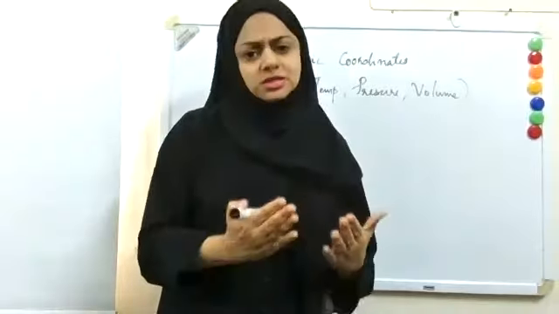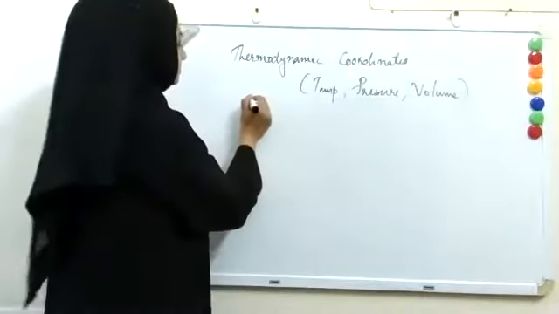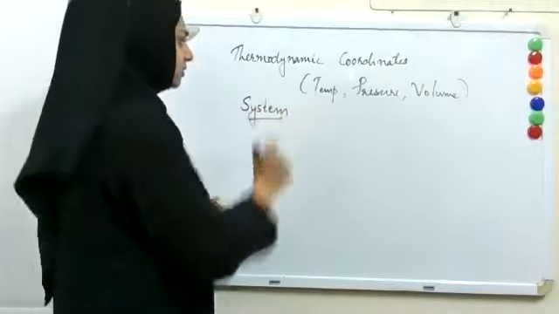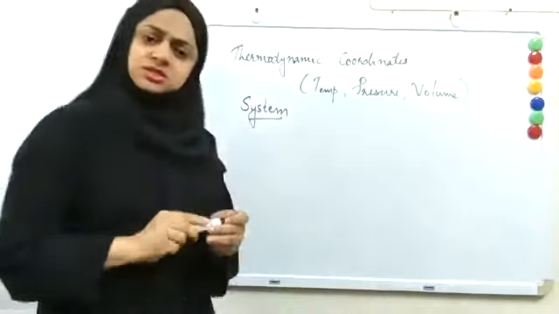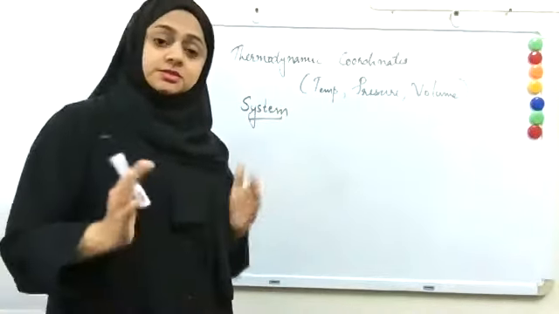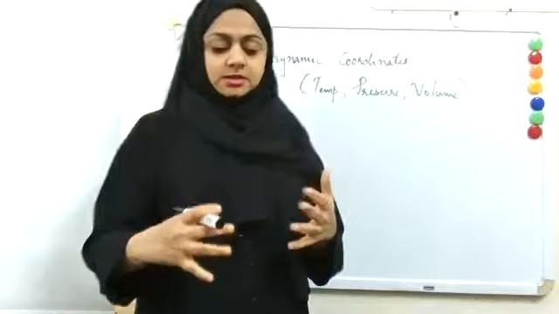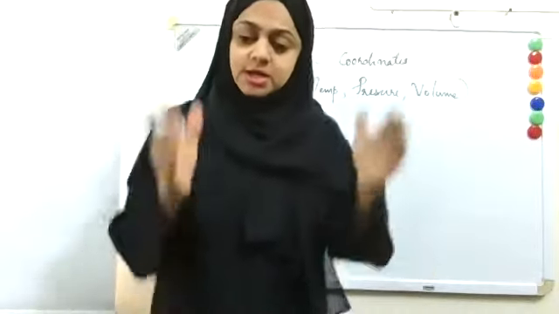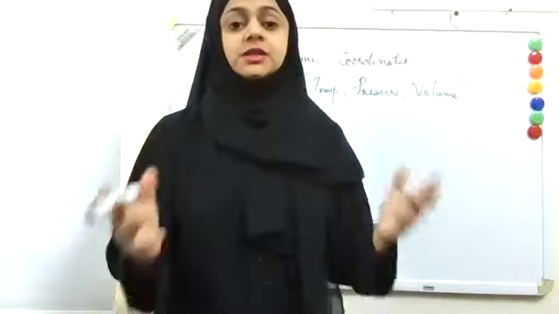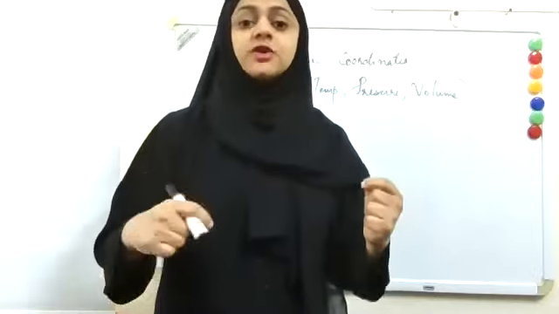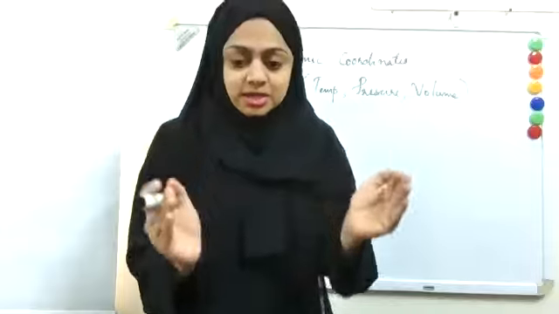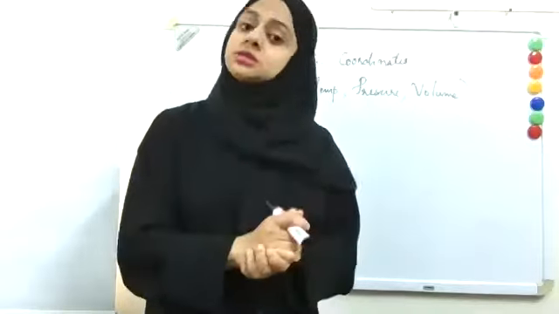Now let us see what is meant by a system. So what is a system? A system is something about which we are studying. For example, we are taking a vessel containing some water and we are heating it, learning its properties. So that vessel containing water, or the water, is the system.